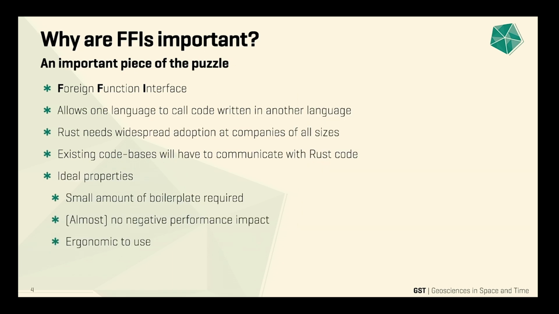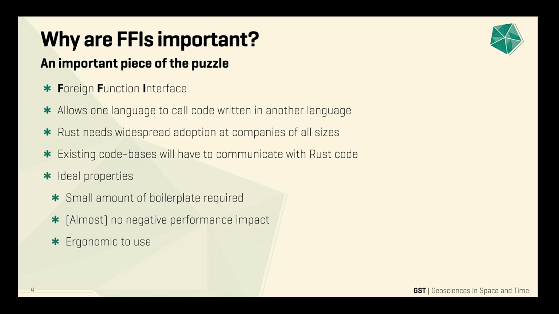To recap a little bit, I think most of you will be aware of this, but why are FFIs important? FFI first of all stands for Foreign Function Interface, and it basically allows code written in one language to call code written in another language.